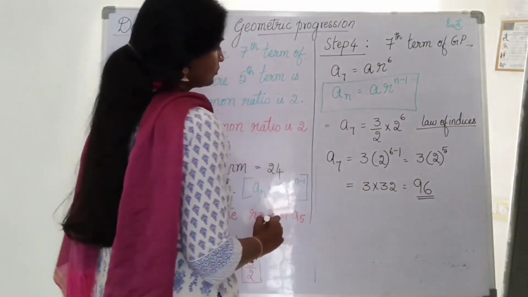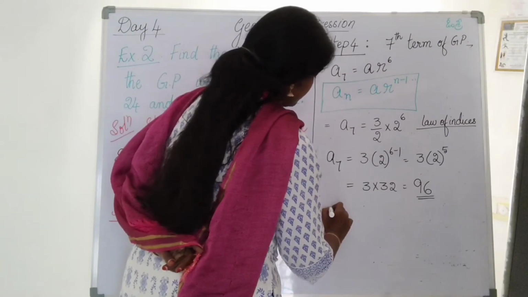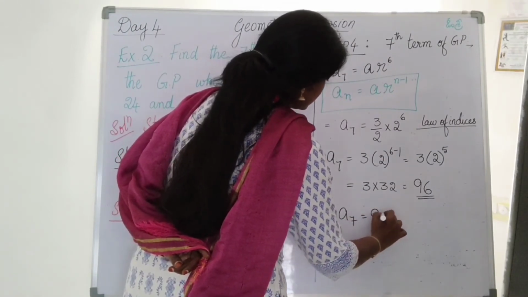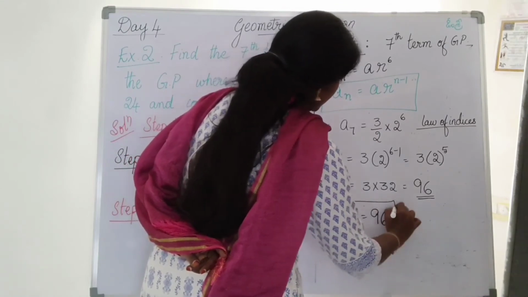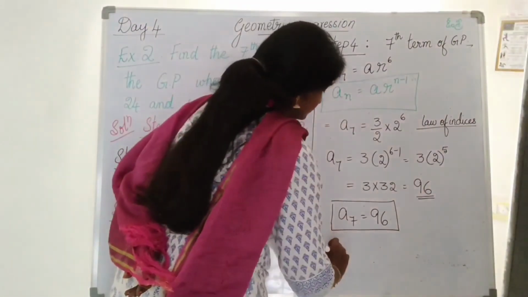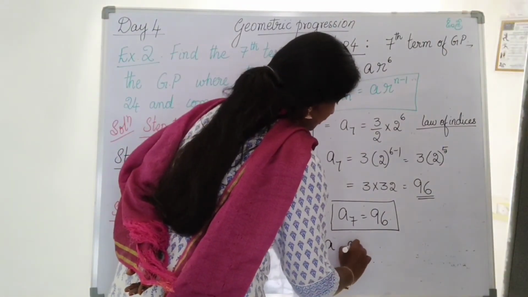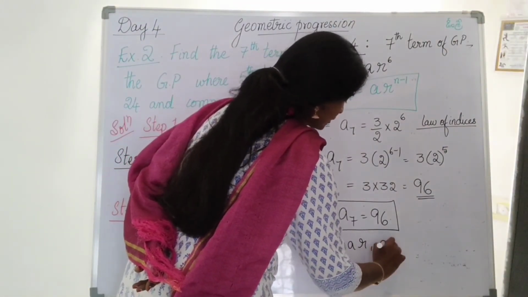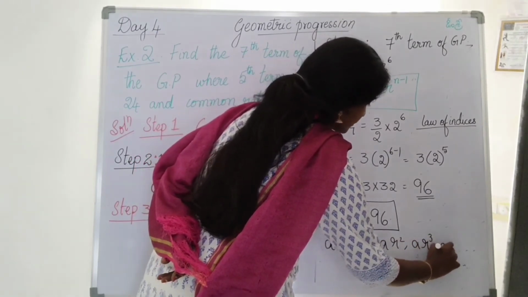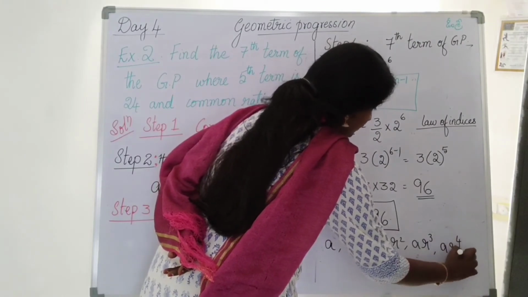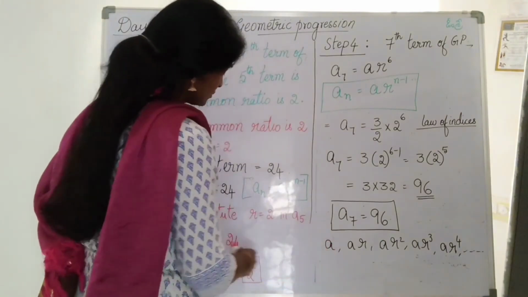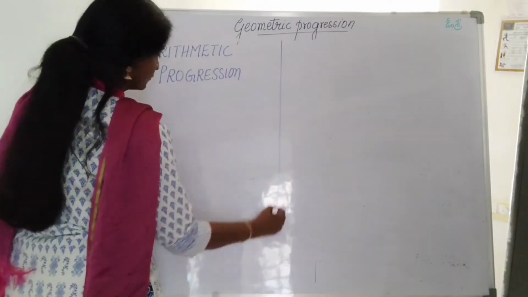So the seventh term of the GP is equal to 96. And if you need to find the series, what you have to do, just write the general form A, AR, AR square, AR cube, AR to the power of 4, and so on. Then just substitute the values that are given here.